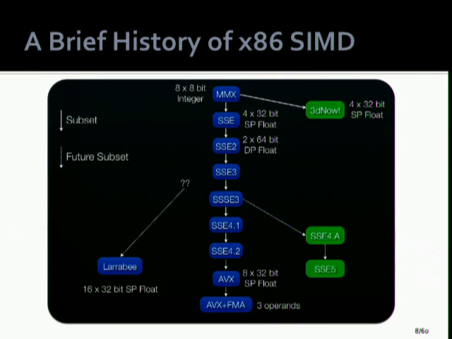Let's just look at x86, for example. It started out in the 90s with MMX, which was 8-way SIMD with 8-bit integers. Then they moved to SSE, which was 4-way 32-bit single precision floats. AMD was impatient with Intel because it took Intel a long time to go to SSE, so AMD made 3DNow!, which was also a 4x32-bit single precision floating point SIMD extension set.